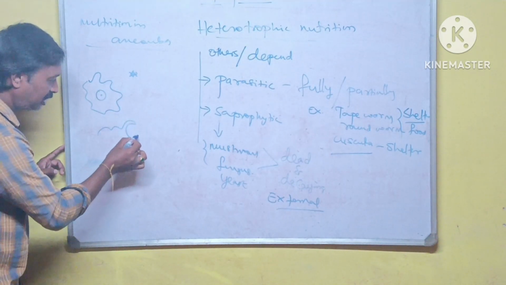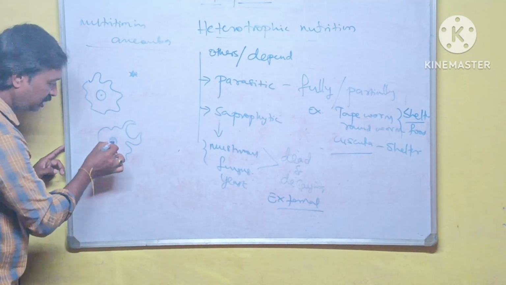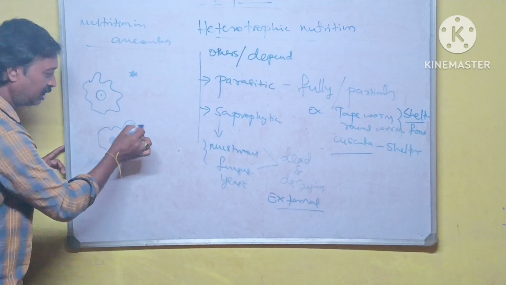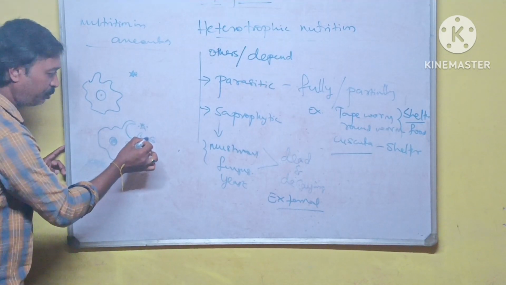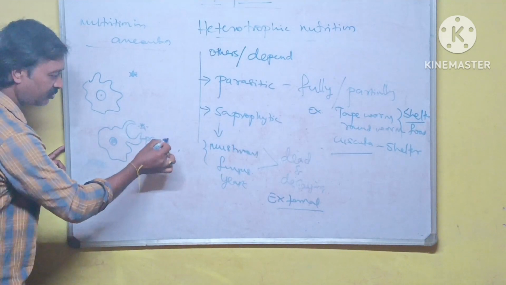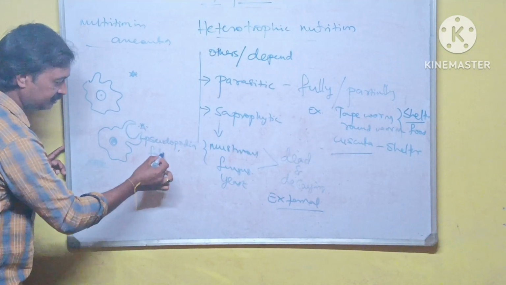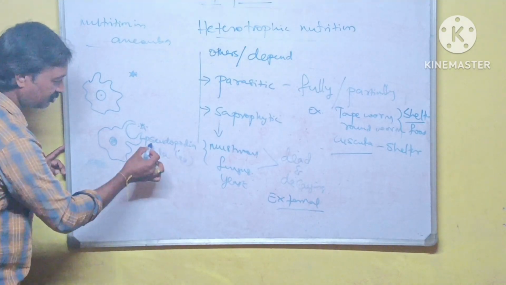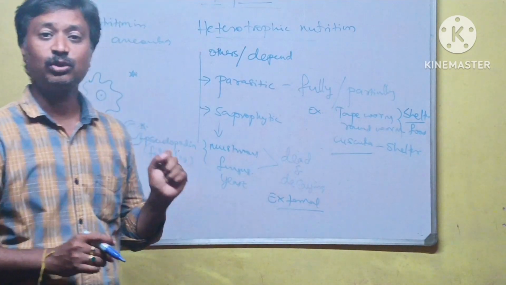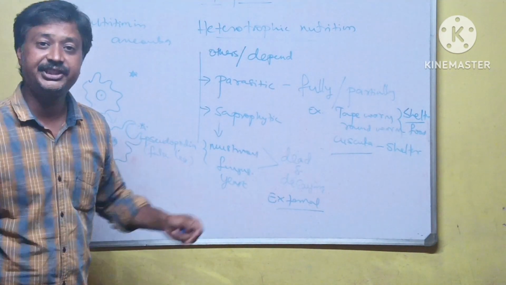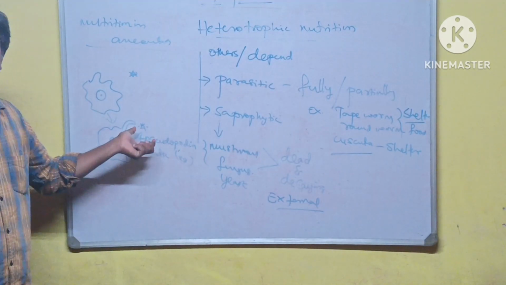As soon as it notices the food, it extends its cell membrane, called pseudopodia. Pseudopodia is a false leg. Remember that. It extends its cell towards the food, called pseudopodia.